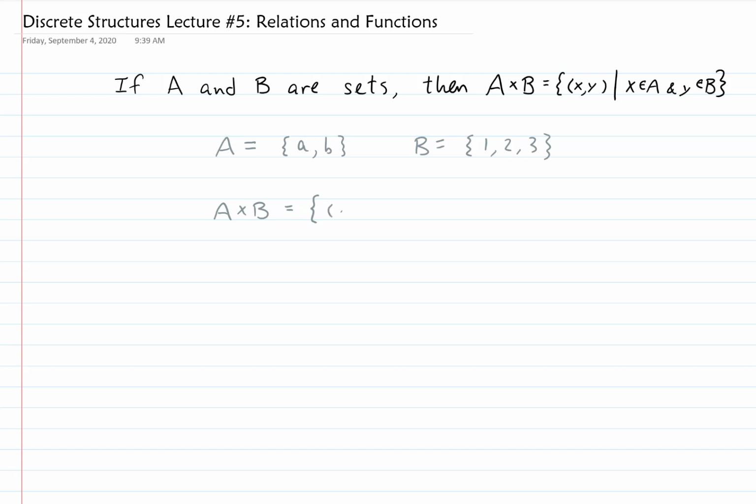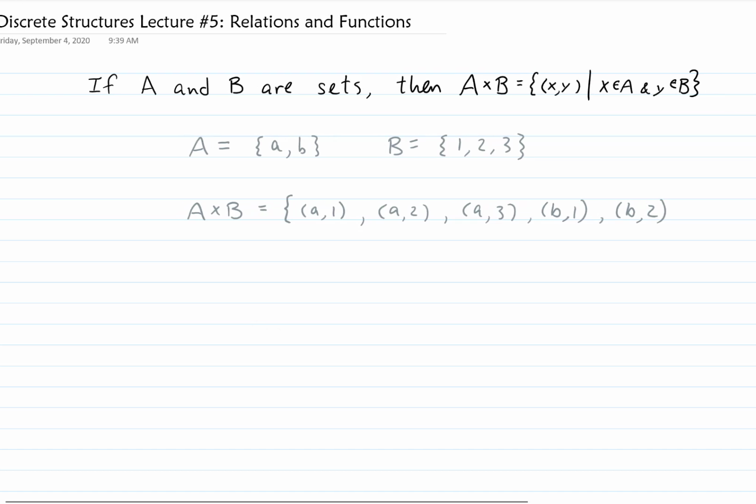One is the ordered pair A1, another one is A2, and another one's A3, and then we'll have B1, B2, B3. Okay, so that's something from a previous lecture.